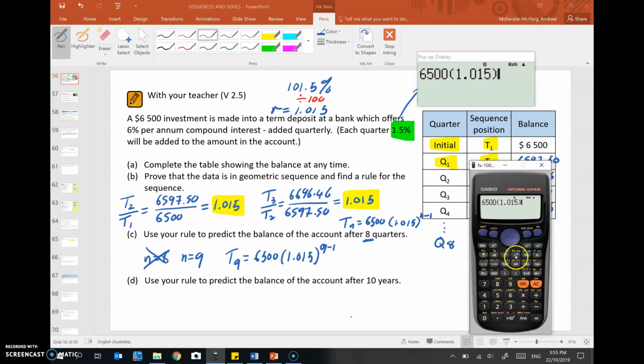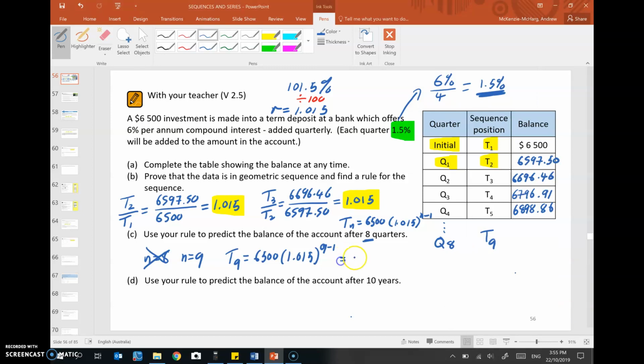To the power of 9 take 1. We could just put 8 there, of course. Okay, 7,322.20. So that's how much is in the account after 8 quarters.